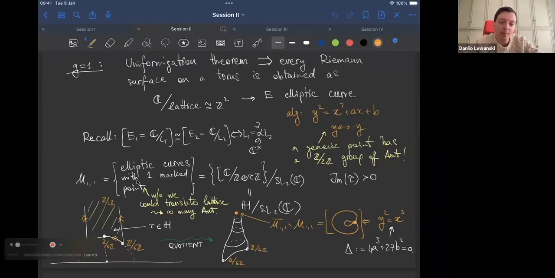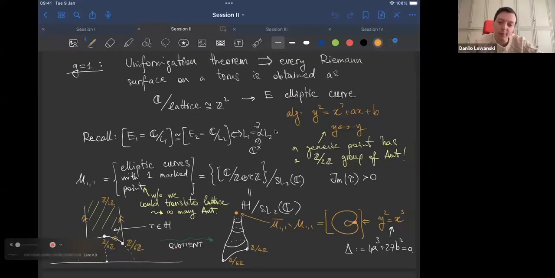These elliptic curves with one marked point, you can express them in terms of C divided by some lattice. And as we said before, this lattice is generated by two guys, and one you can always normalize to 1. So you can always write it as 1 times Z direct sum tau times Z. And then you want to mod out by a group that takes into account this relation, because you want to remember M_{1,1} is those guys, but up to isomorphisms.